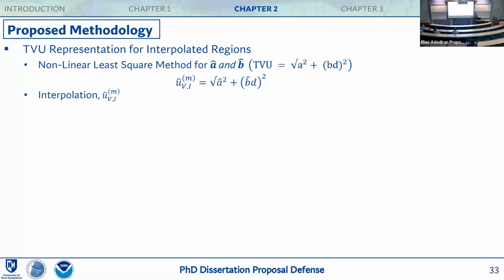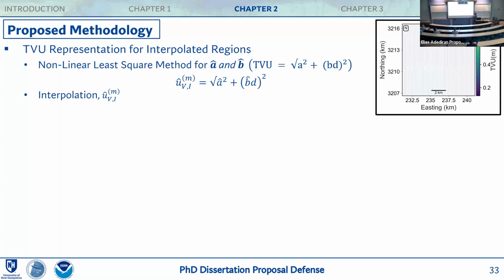The other approach that we are also investigating is whether we can even interpolate the TVU itself. For example, if this is our sample data set, like I'm showing at the upper right corner, we know the depth and we know the TVU.